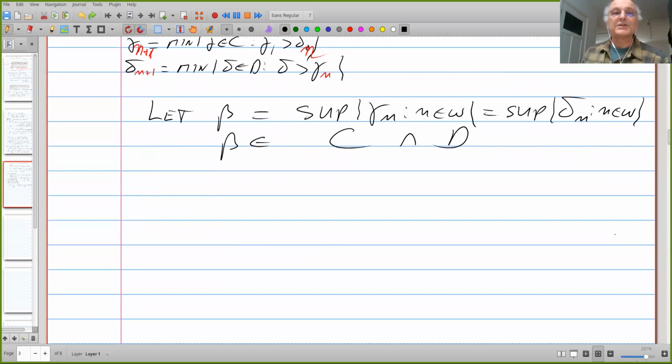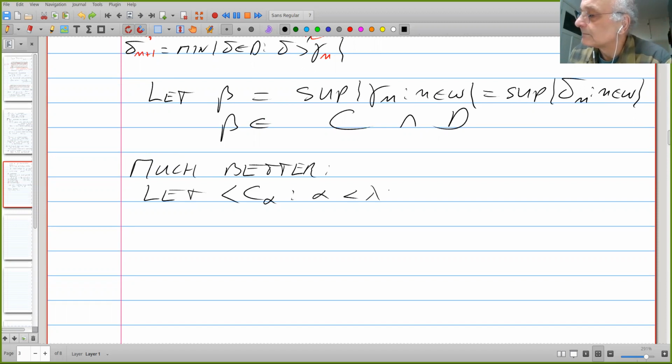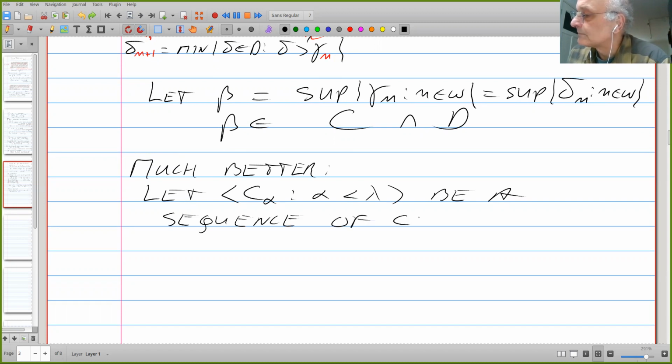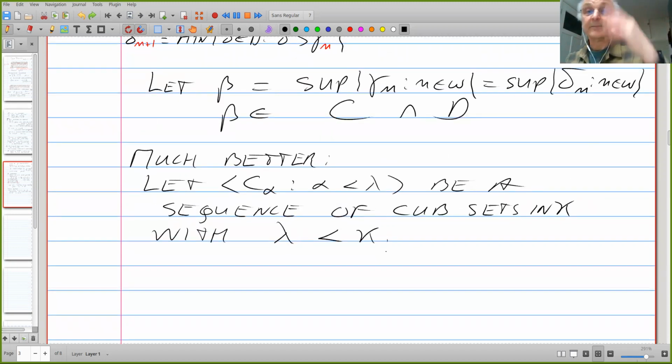But we can do much, much better. Take a family of closed unbounded subsets of cardinality less than kappa and enumerate it using an ordinal less than kappa.